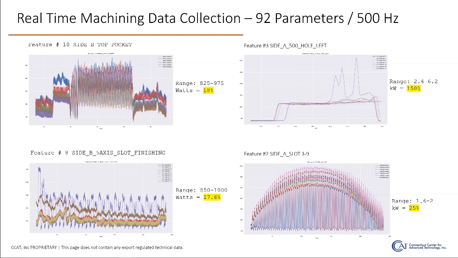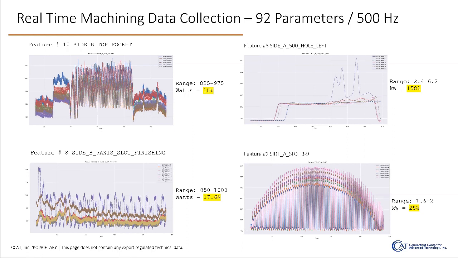What you're seeing here is obviously the signals aren't right on top of each other. There's variability. In fact, there's a range of power consumed from 825 to 975 watts. That's 18% variability across the 18 parts. The graph at the bottom left is feature number 8, with a variability of 17.6%.